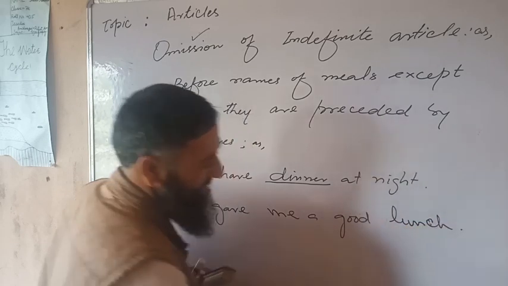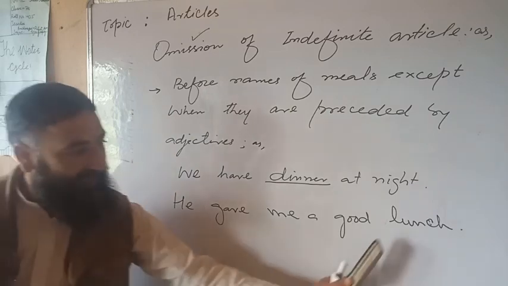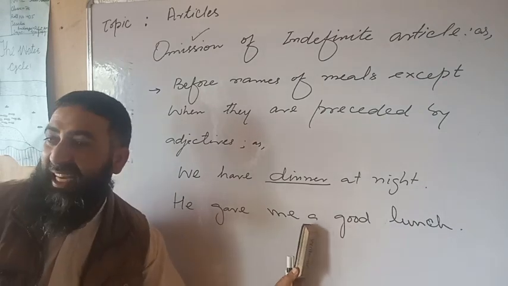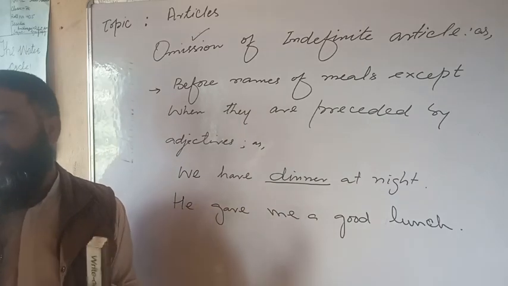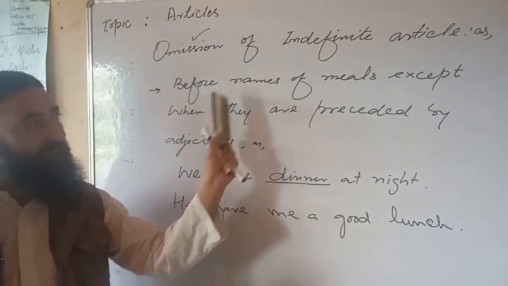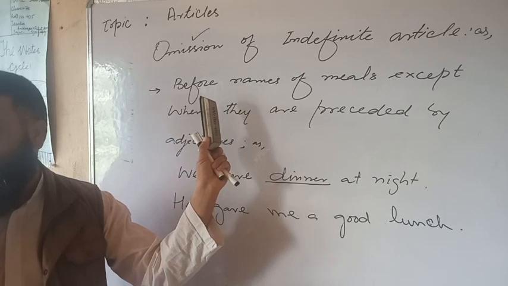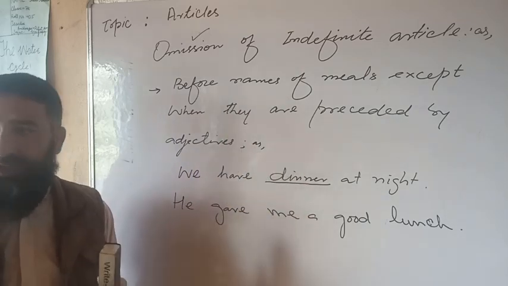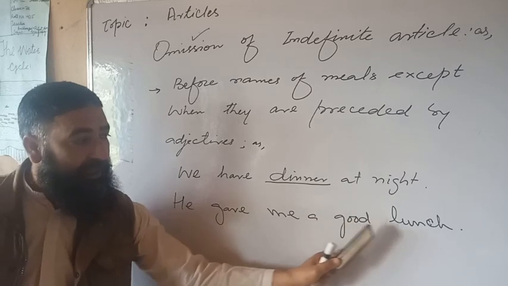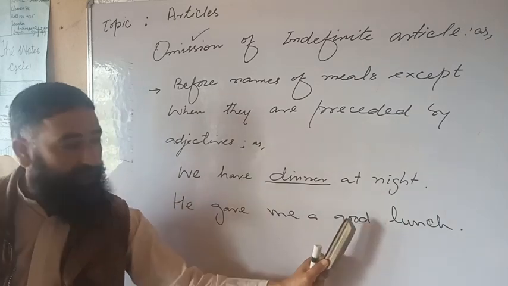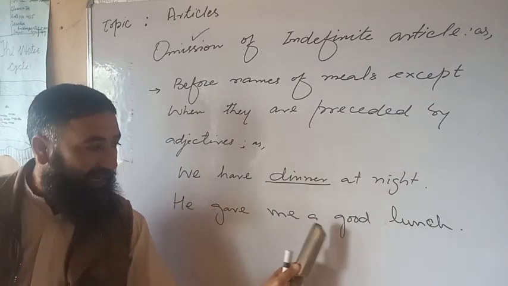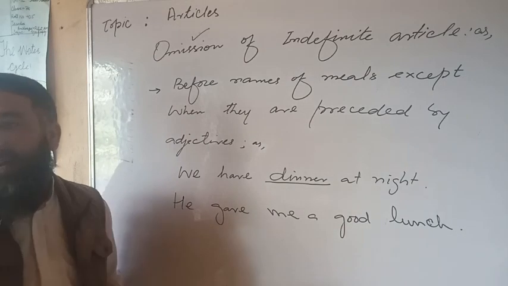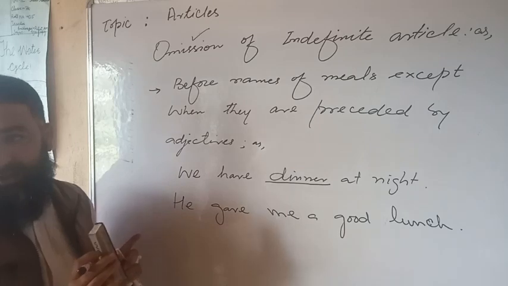See, lunch is also the name of a meal, but this lunch is preceded by an adjective, so it will take the indefinite article before it. Is it clear? So remember that the names of meals will never be preceded by an indefinite article, but there is an exception. When the meal is preceded by an adjective, then it will take the indefinite article a or an. Okay. Is it clear? Okay.